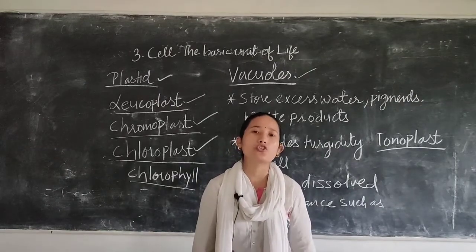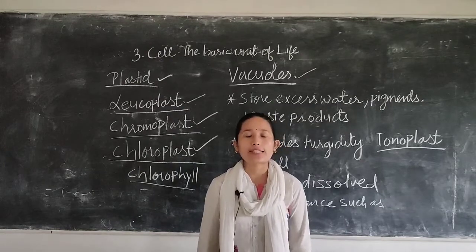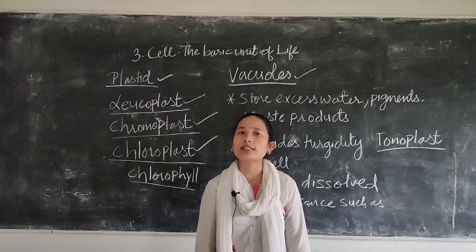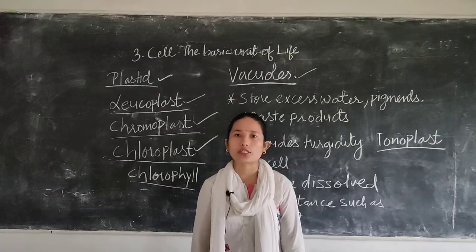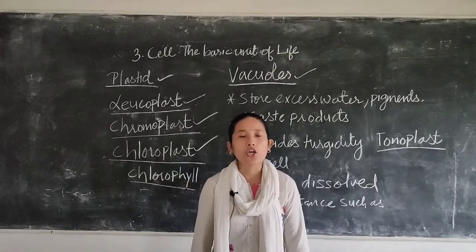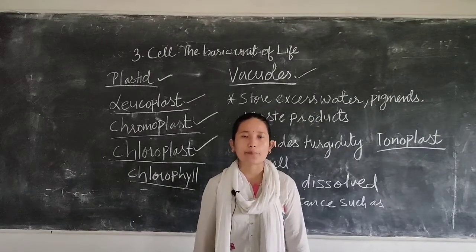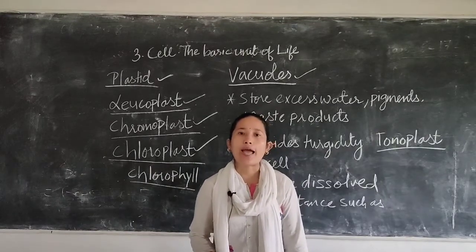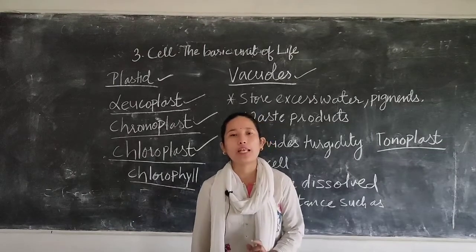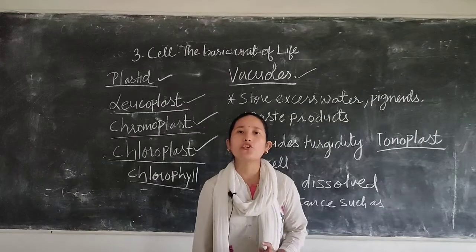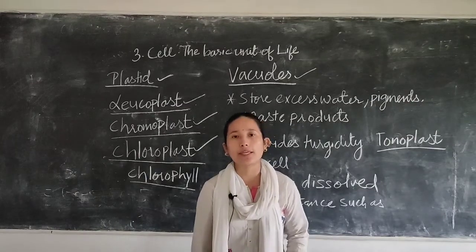So you should be able to differentiate between plant cell and animal cell, and you should know the function of all the cell organelles that we have discussed till date. Next I will follow up with the question and answer from this chapter. Go through each and every line given in your book and do not skip any diagram.